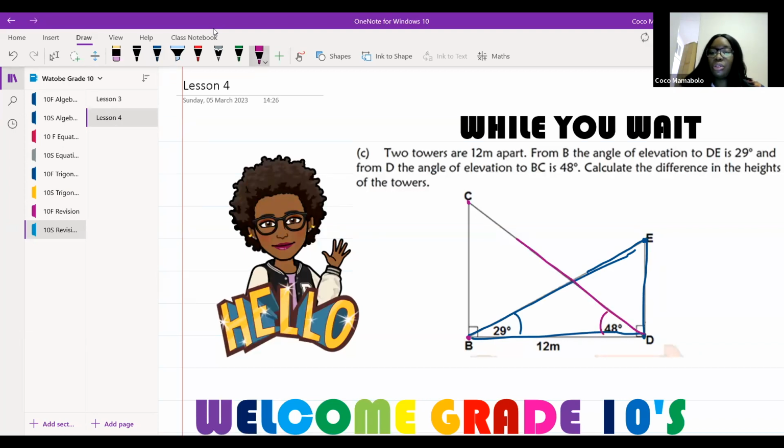But we will notice that they both share the base of 12 meters. So we can use the 12 meters to figure out the answer.